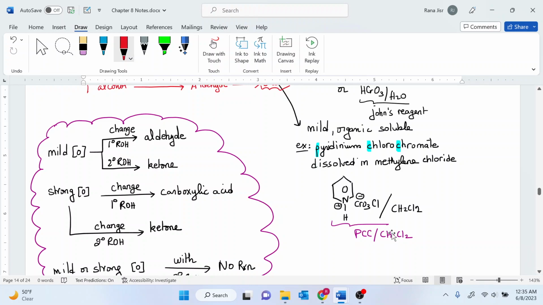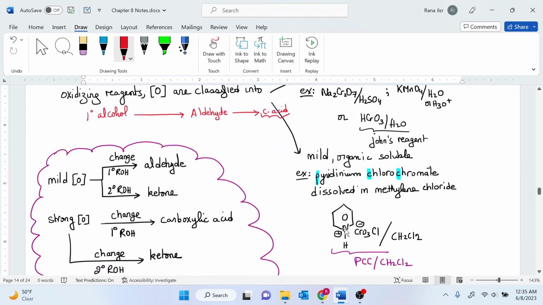PCC is not water soluble, so you immediately know this is a mild oxidizing agent, and that mild oxidizing agent will not continue the oxidation of primary alcohol all the way to the carboxylic acid. It will stop at the aldehyde. So primary alcohols with a mild oxidizing agent will get you an aldehyde.